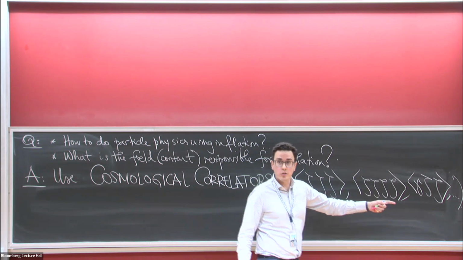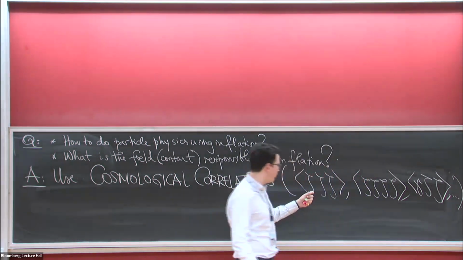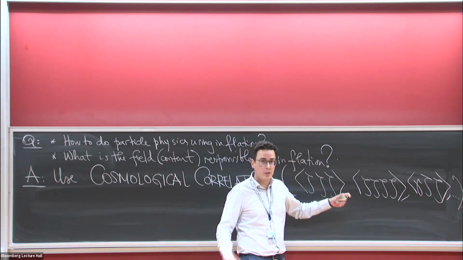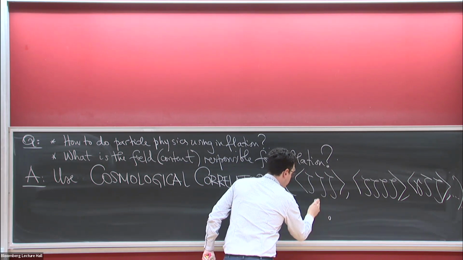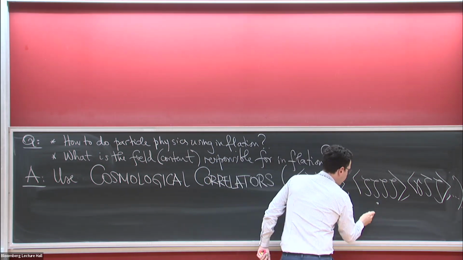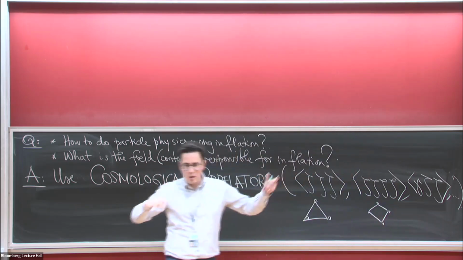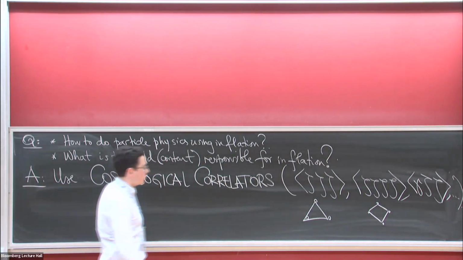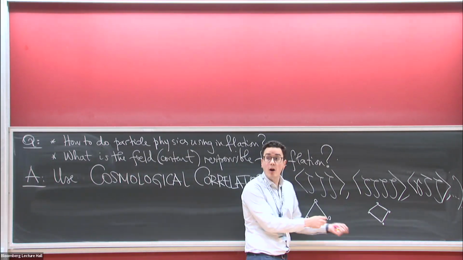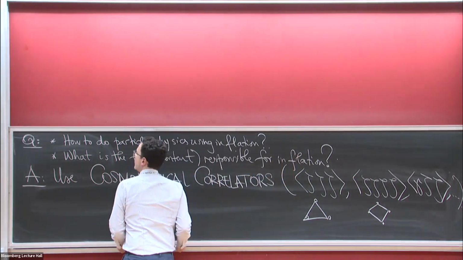It tells you about scales, but now that you go beyond 2 points, there's also some interesting shape dependence. So these things form some polygons. So I have here, triangle, ladder, and so on. And the question is, how does the signal go up and down as you dial the various geometrical knobs that you have in this correlation function?